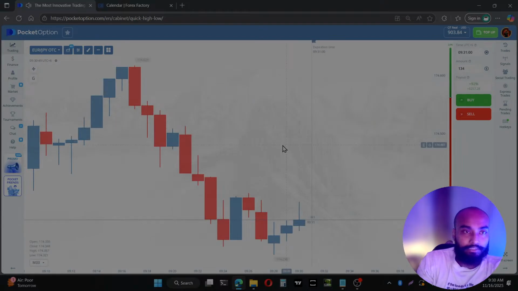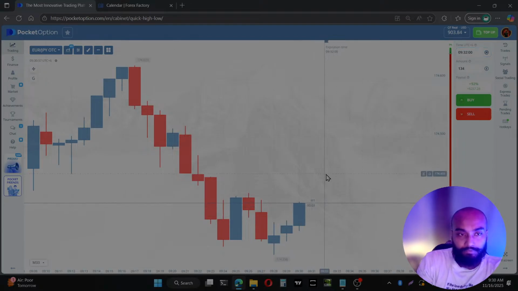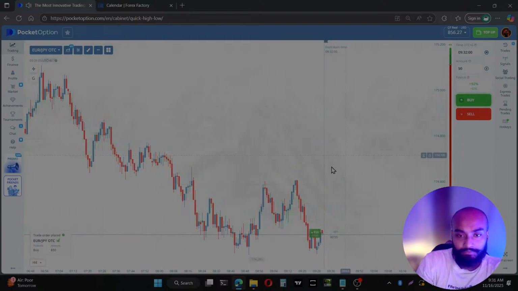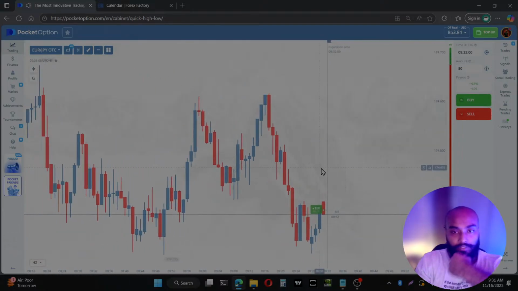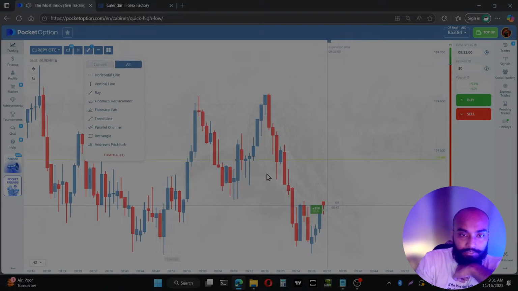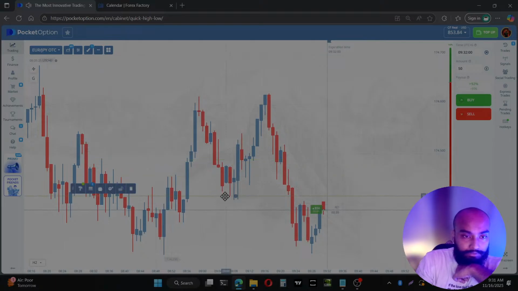Okay, let's trade. Okay, $50, right? So why did I place a trade here? Because if you saw the market, the next reversal point for the market is here.